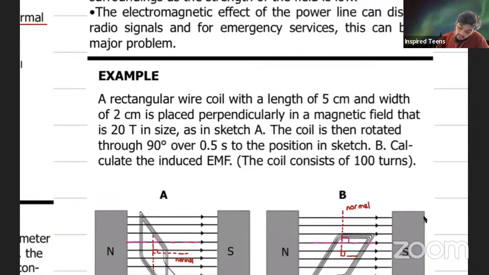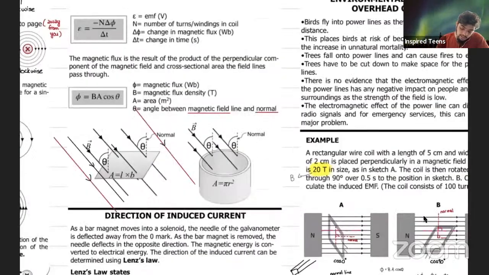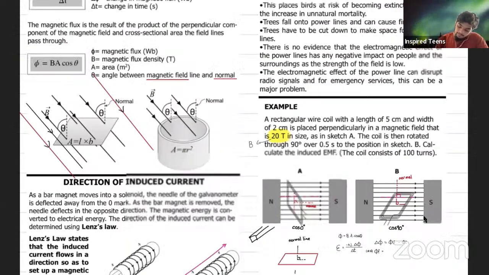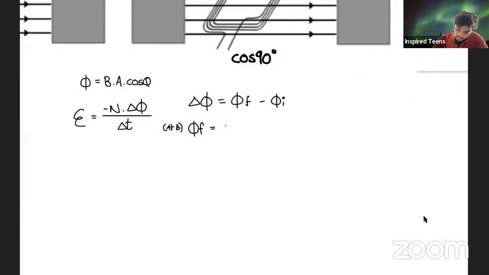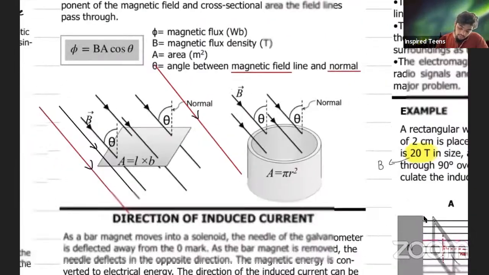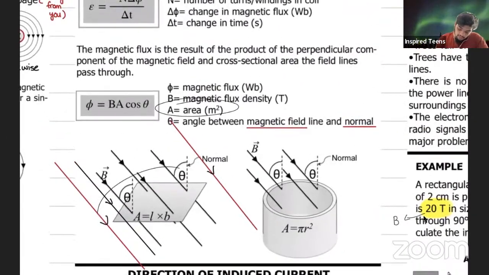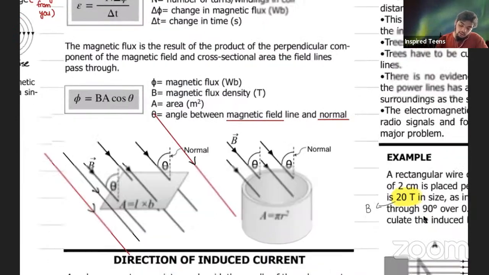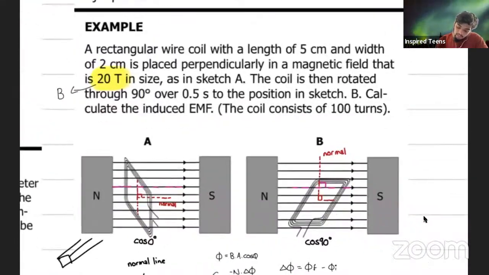They say that the coil is placed in a perpendicular magnetic field that is 20 T in size, this is B, the magnetic flux density. So we have 20 times A, where A is the area of the conductor in meters squared.